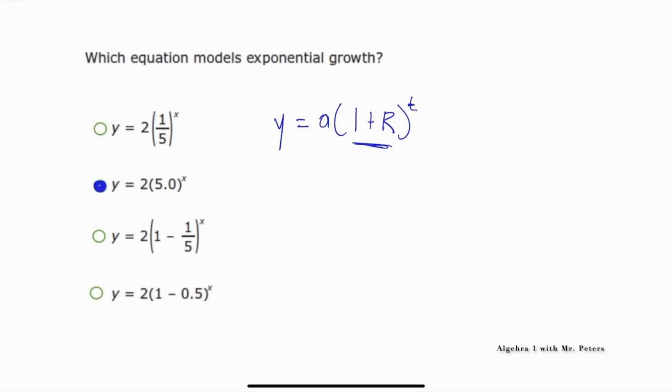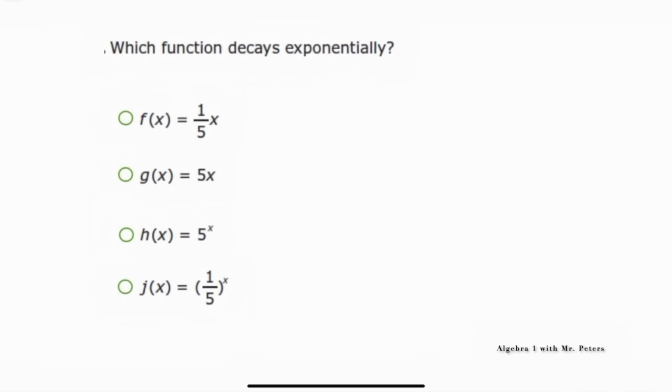So problem number 20 is a spin-off from the previous example. And I want you to understand it's going to take the same format. The only difference now is when we look at what's inside the parentheses, it's not going to be a plus sign. It's going to be minus. So we should know that when we simplify what's inside the parentheses, that value is going to be less than 1.